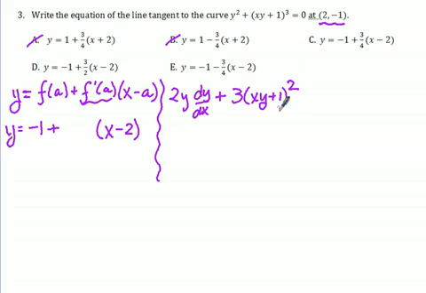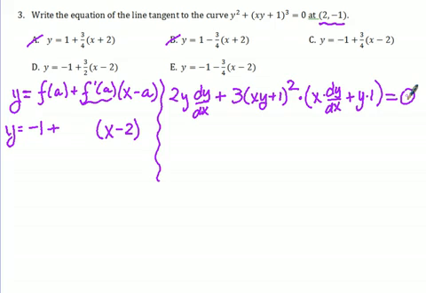Notice that the inside stays the same. We're only doing 3 and reducing the power by 2. So we've done that derivative times, now we're going to do the derivative of the inside. And the derivative of xy, that's a product rule, f times g prime plus g times f prime. And the derivative of 1 is just 0. And then this equals the derivative of 0, which is still 0.